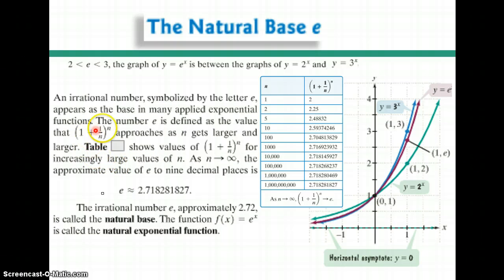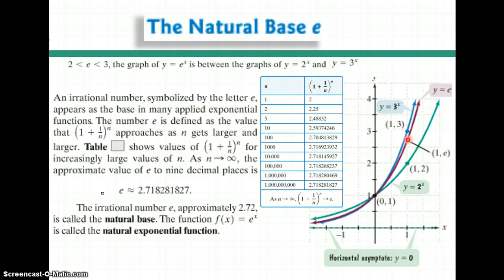E is an irrational number. When the value of n gets larger and larger, 1 plus 1 over n to the power n gets closer and closer to e.